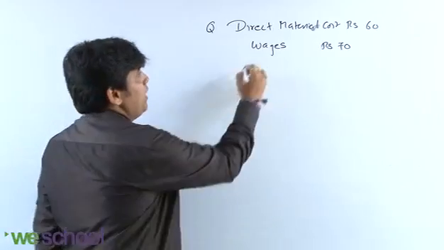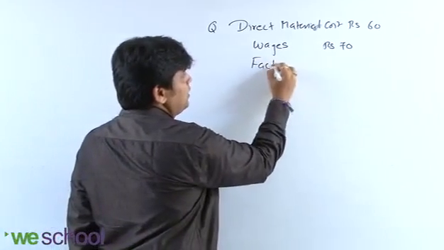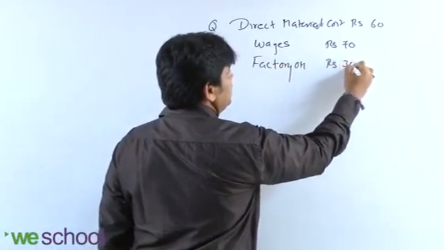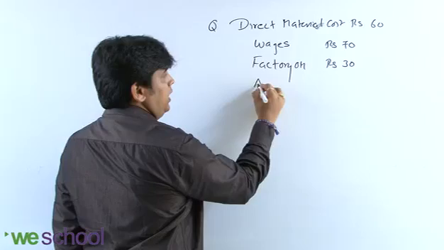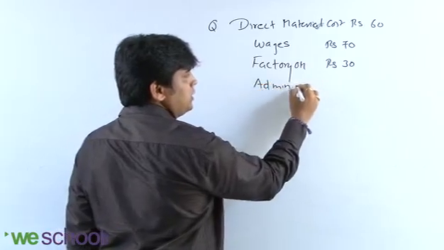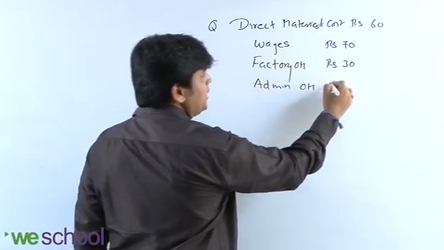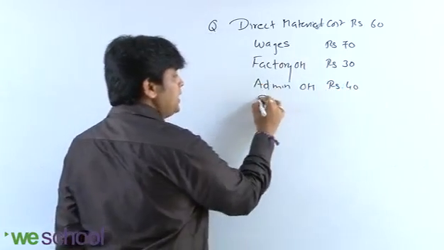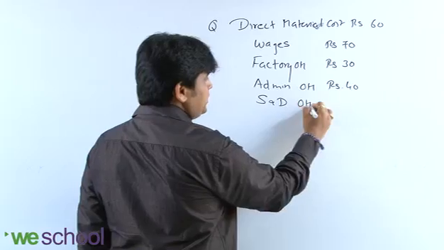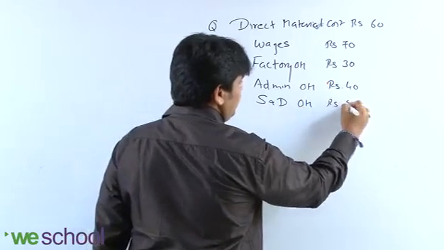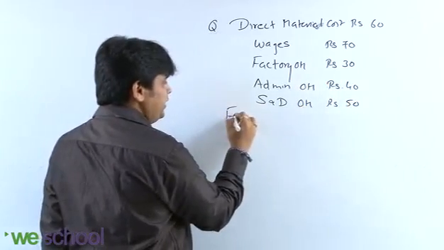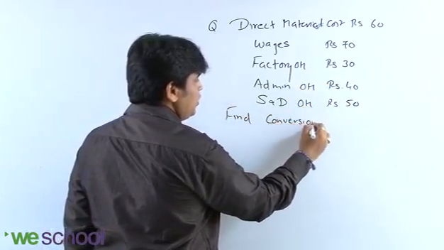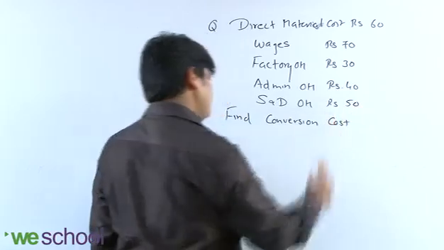Factory overheads is rupees 30. Administrative overheads is rupees 40. And selling and distribution overheads is rupees 50. Find the conversion cost.